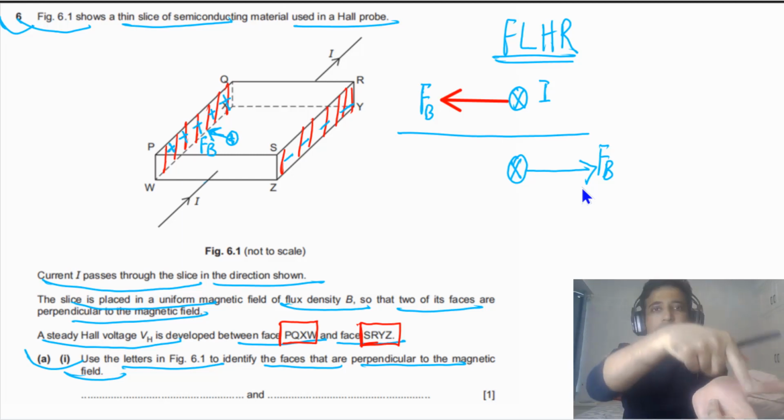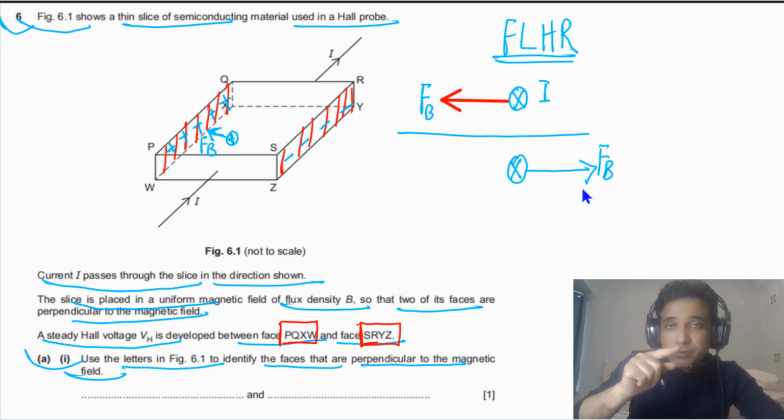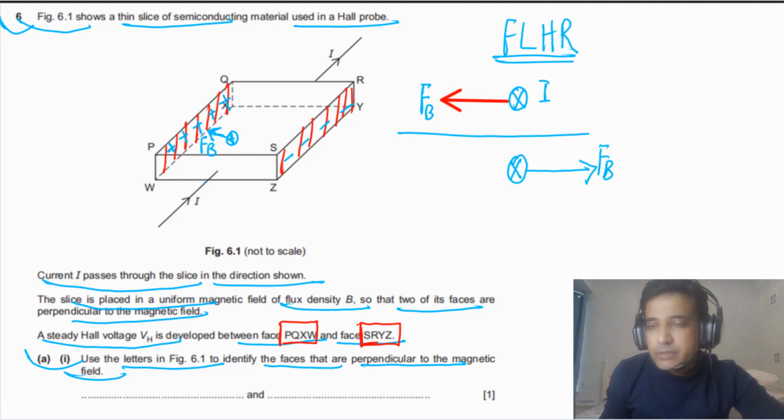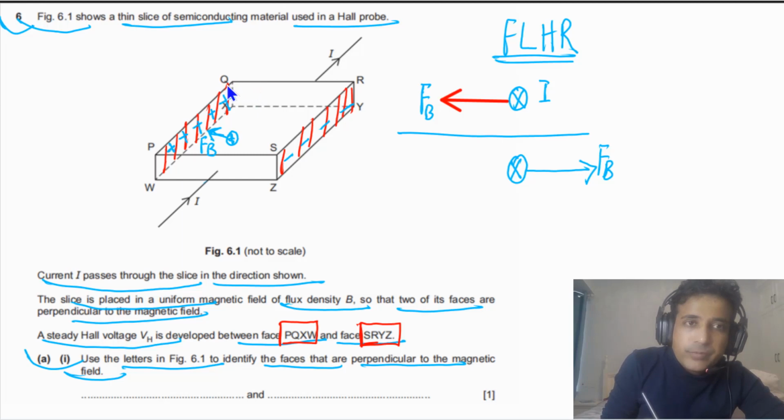It means the direction of the magnetic field is vertically up or vertically down. So the magnetic field is perpendicular to these two faces. We can say this top face is perpendicular to this face, and this face is PQRS.